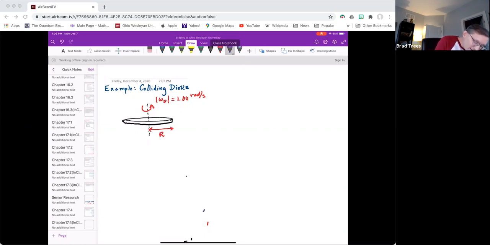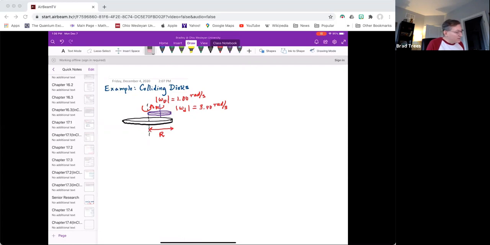So the second disk has half the radius of the first, rotating about an axis through its center, like that, rotating clockwise with an angular speed omega little d of 3 radians per second. It's just suspended right above the first disk by some device that I don't care what that is. It's just holding it up there. Okay, that's the initial picture.